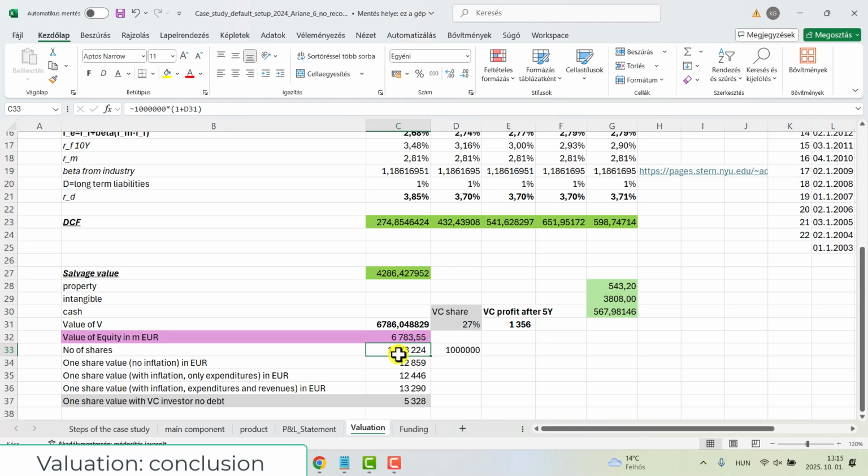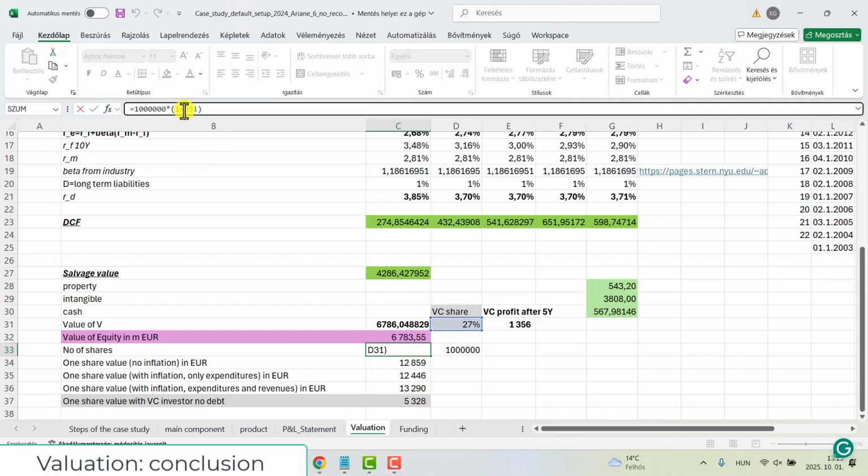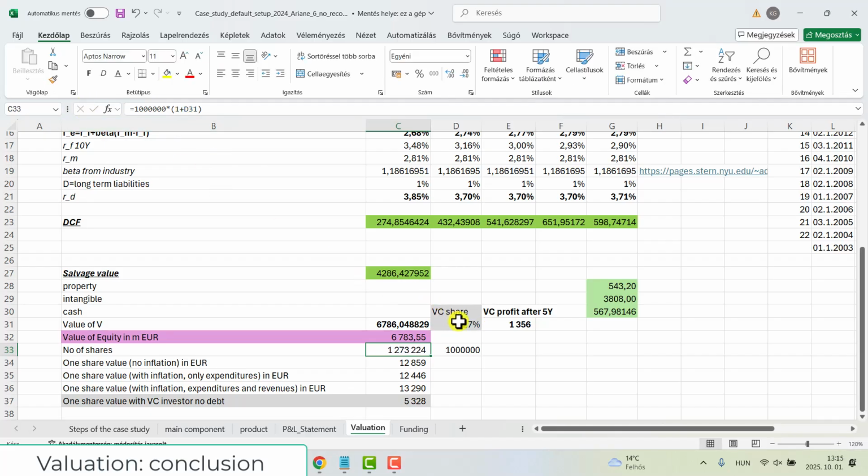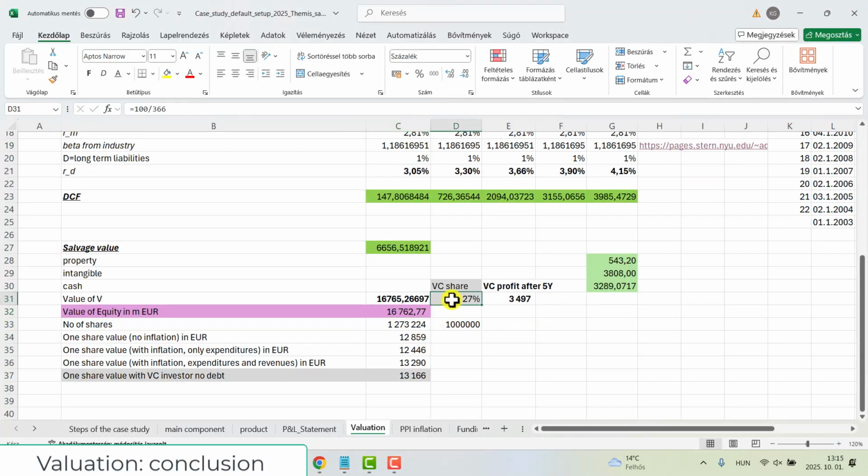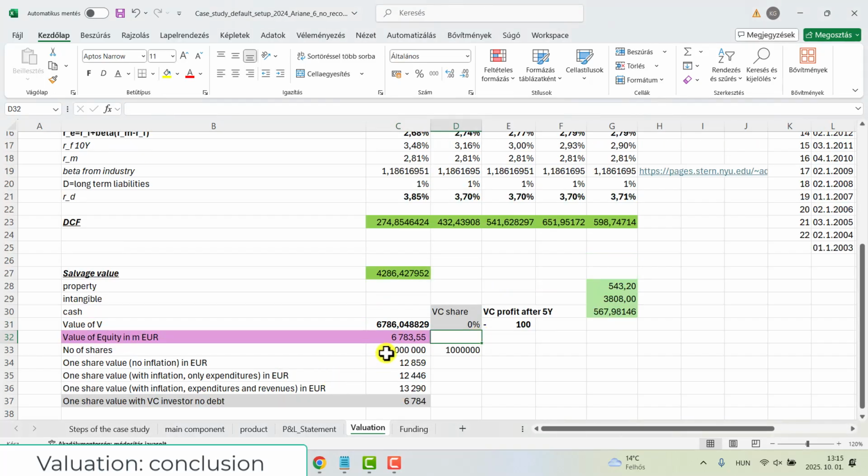But right now the venture capital share is 0. So we just have to turn this off. So originally we have only 1 million shares, not more.